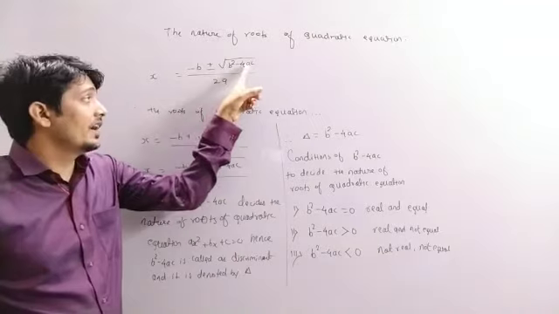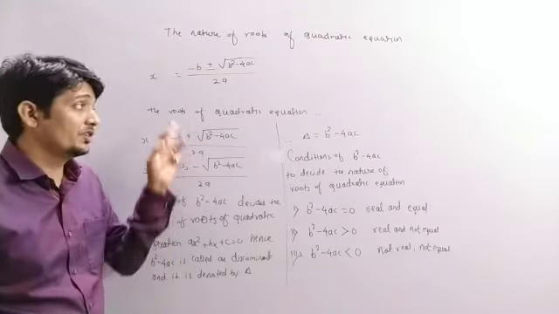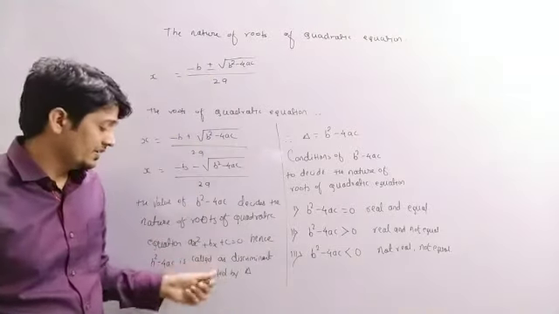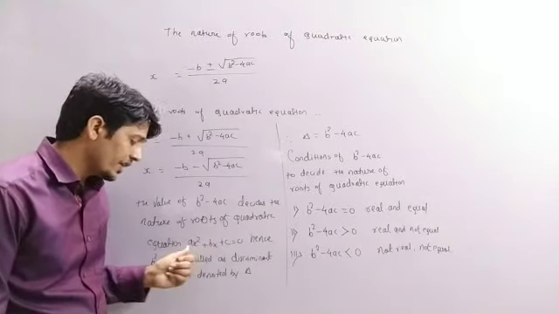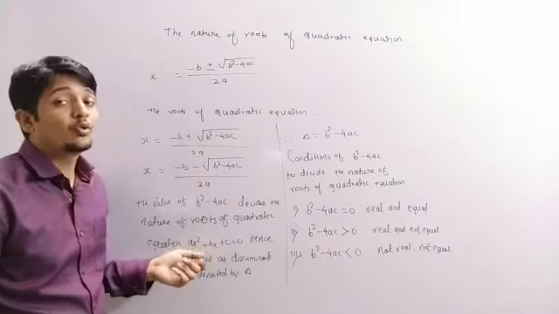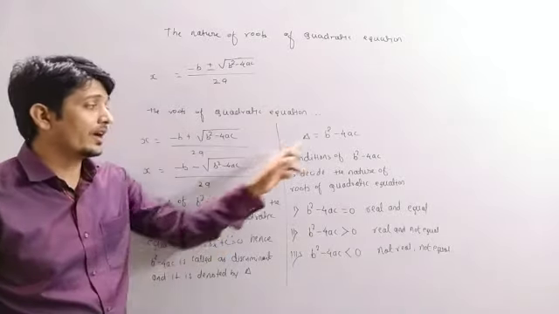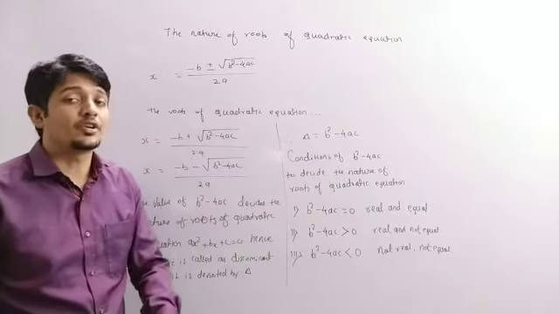Here a, b and c are the coefficients of the quadratic equation ax square plus bx plus c. On the basis of the coefficient values and this formula, we can decide the nature of the quadratic equation.